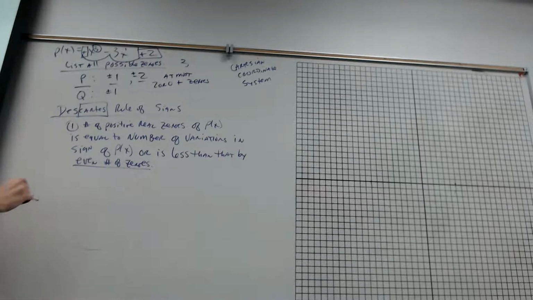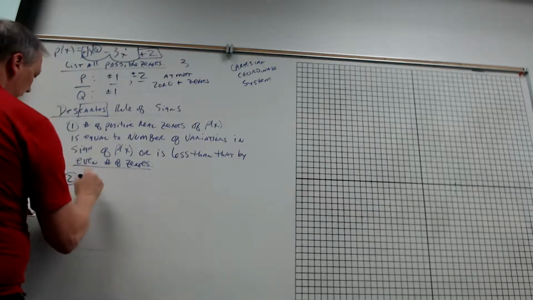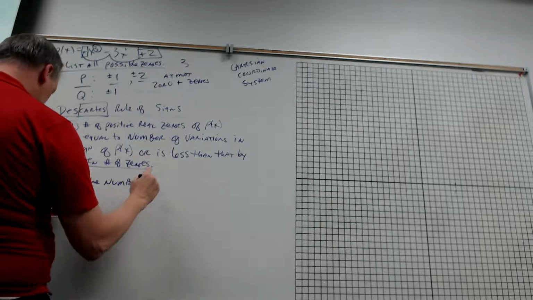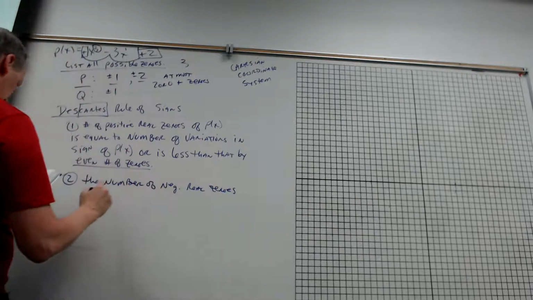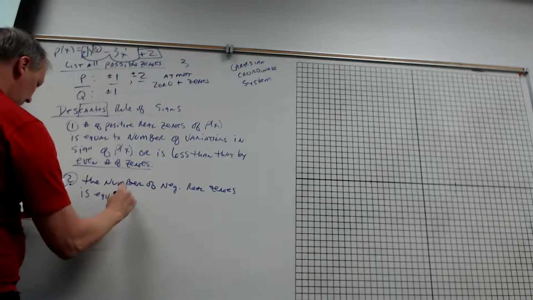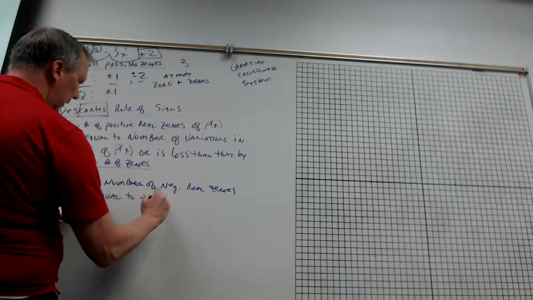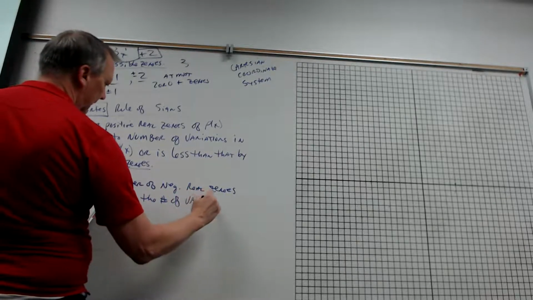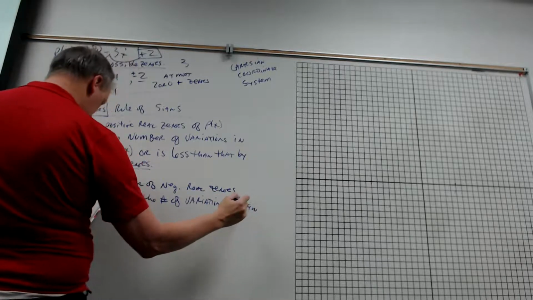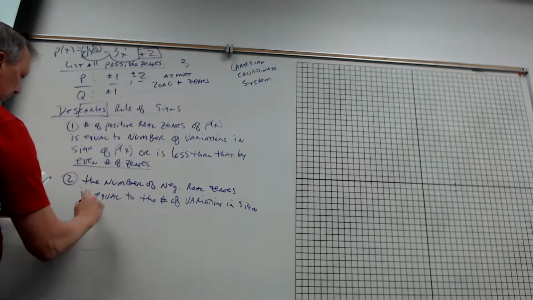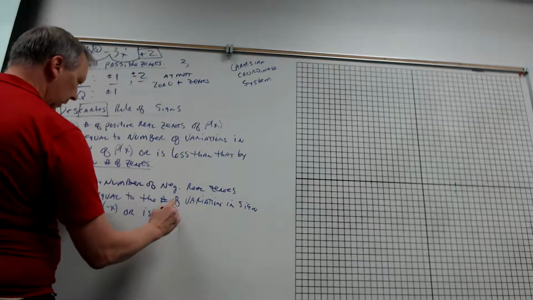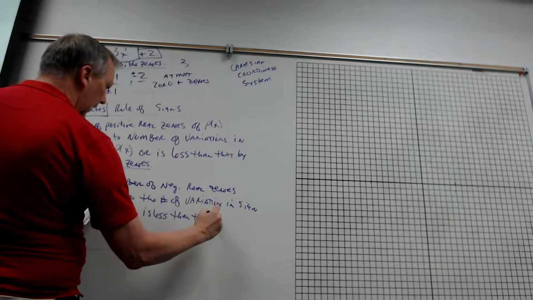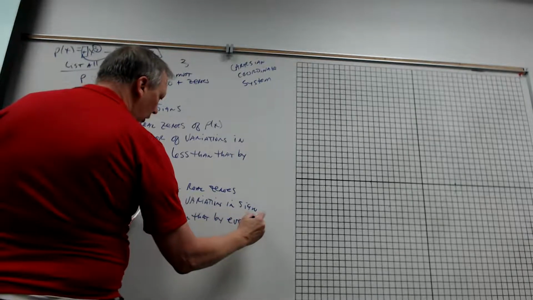Now, we also have rule number 2, which says the number of negative real zeros is equal to the number of variations in sign in P of minus x, or is less than that by an even whole number.